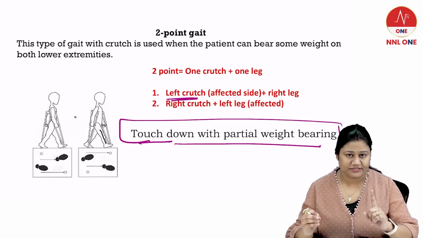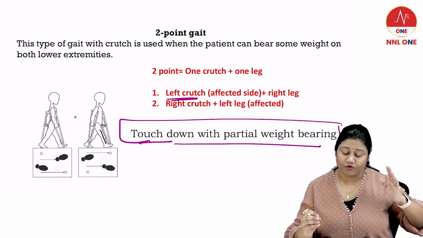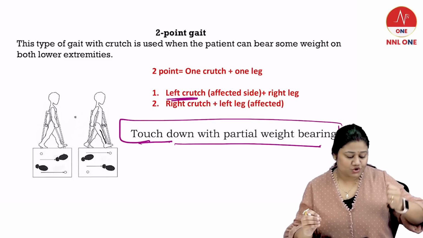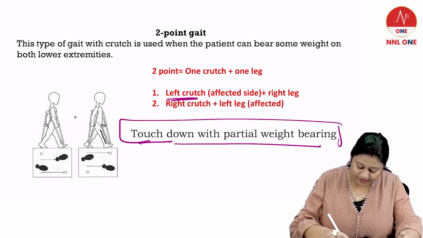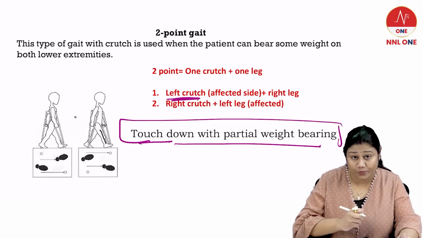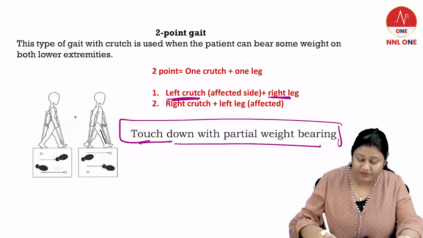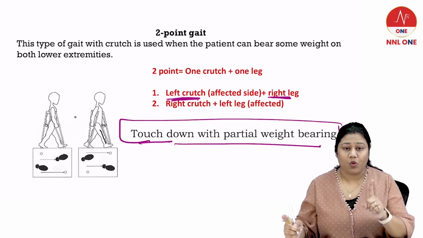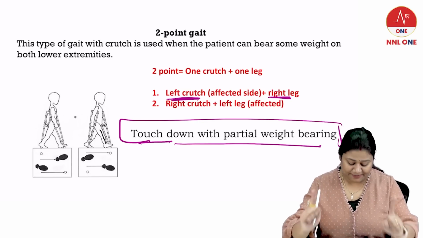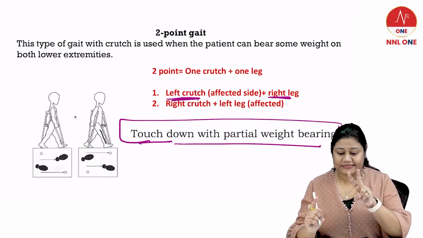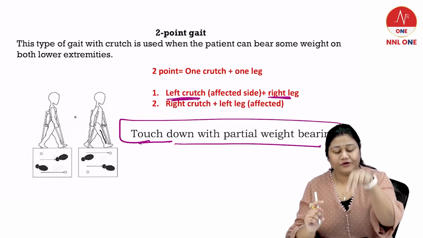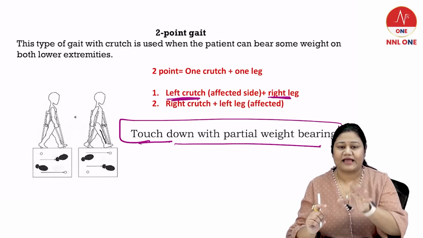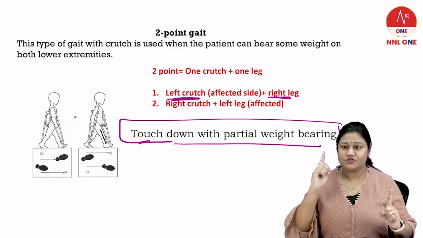Always move the crutch first. I will move the crutch on the affected side, so I will move the left side crutch, along with the opposite side leg. One crutch, one leg at the same time, right? So 2-point means you are putting 2 points on the surface simultaneously, one crutch, one leg.